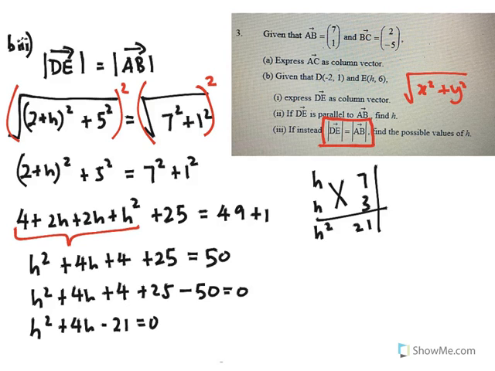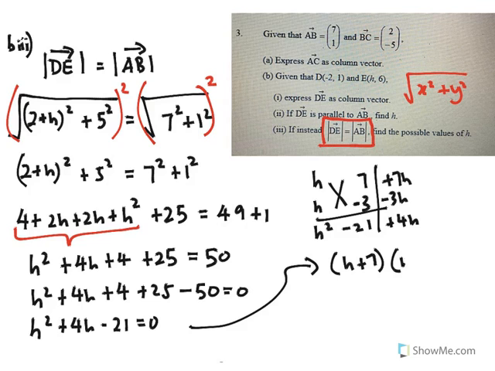Okay, you need to use 3 must be negative, so you get negative 3h. Alright, so from here, you end up getting h plus 7, h minus 3 equals 0. Therefore, h equals minus 7 or h equals 3. So this is the answer.